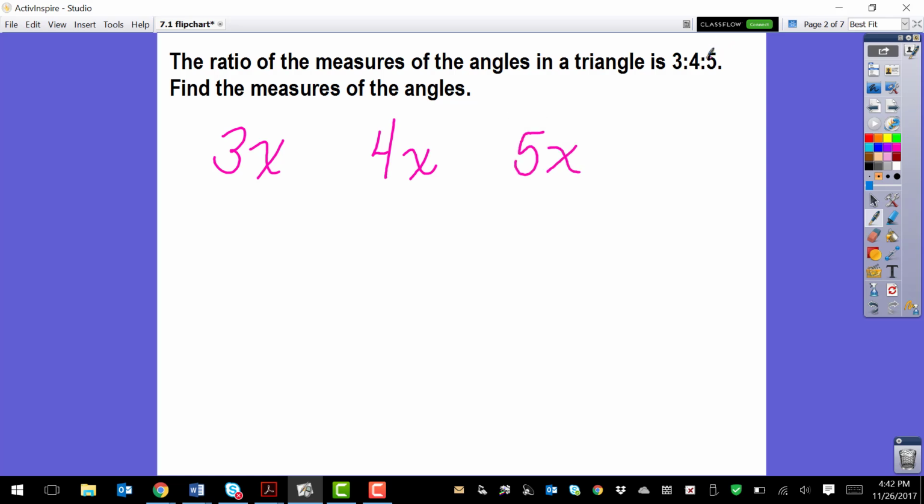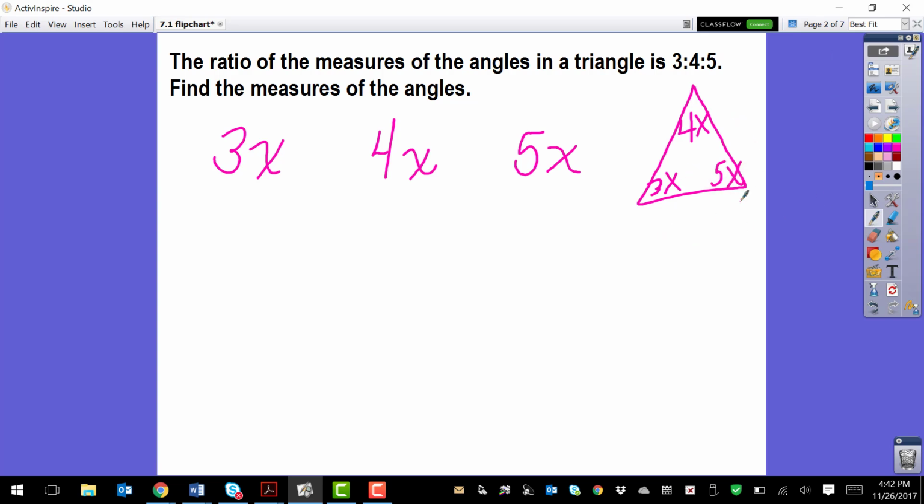So if I take the 3 numbers out of the ratio and stick a variable on all of them, those can represent the 3 angles of the triangle. So it's 3x, 4x, and 5x. Those are the 3 angles of that triangle.